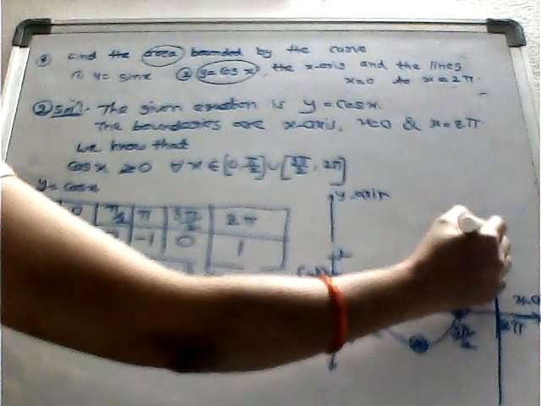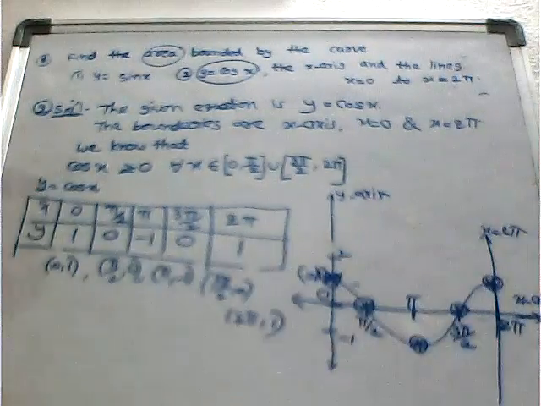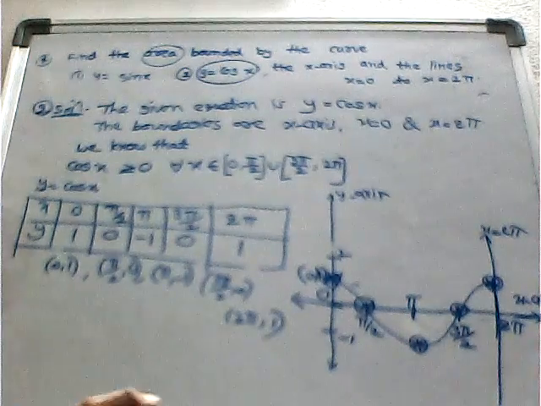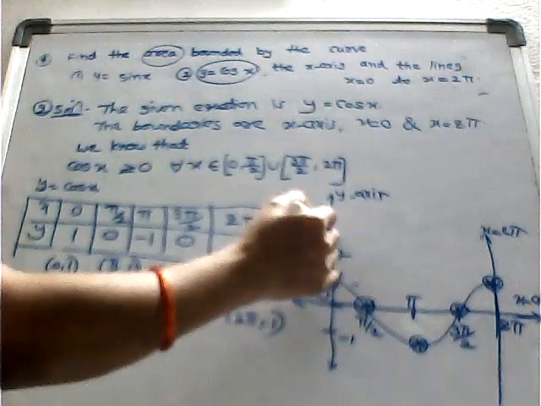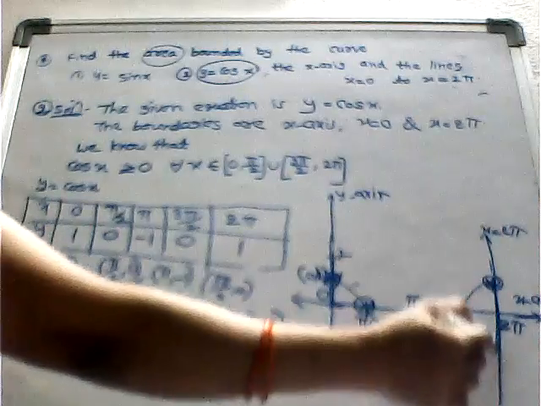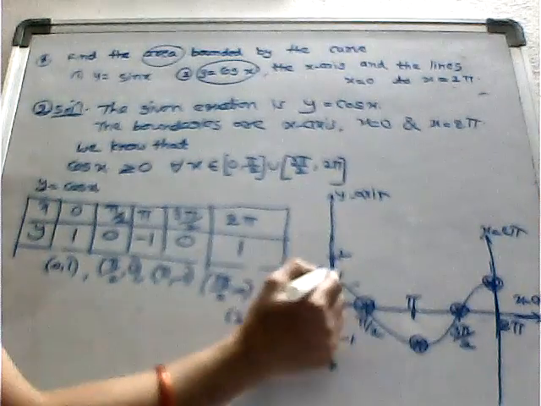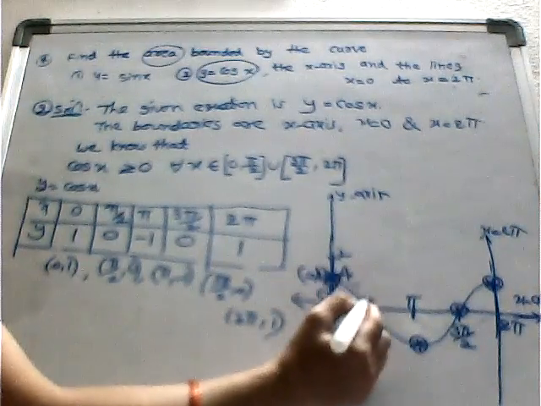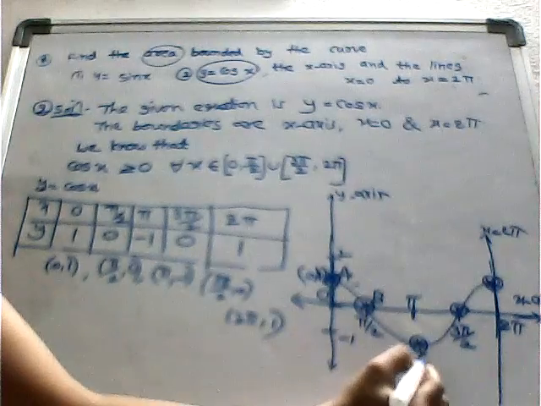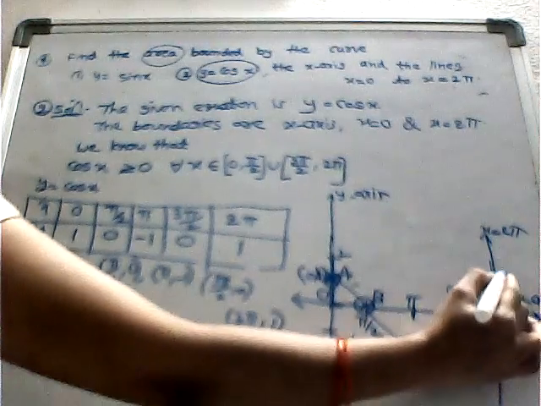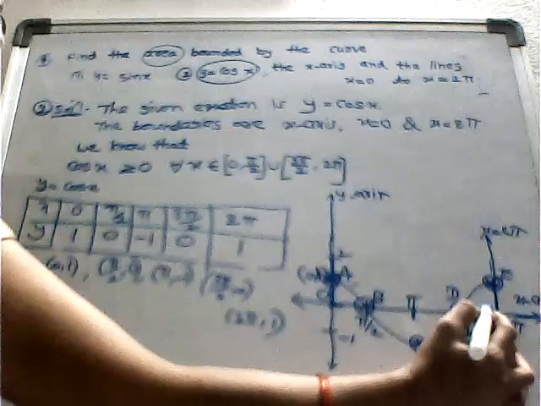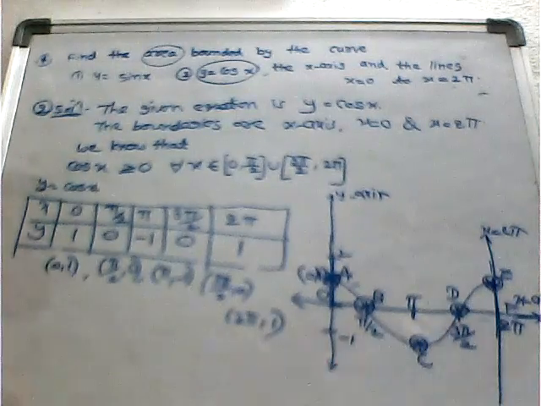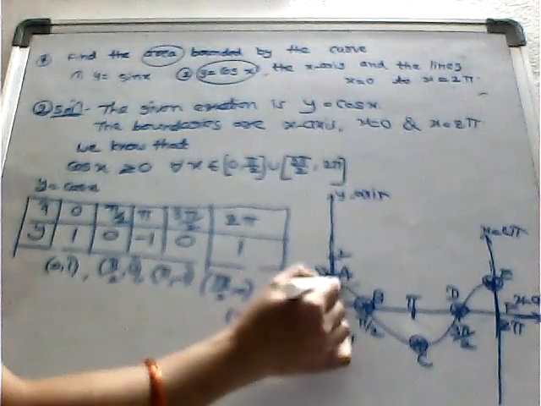This is the x is equal to 2 pi line. The x is equal to 0 line is this one. The x is equal to 2 pi line is this one. So the fixed points are taken as A, B, C, D, E, and this is taken as F. So that is our required region, got it?